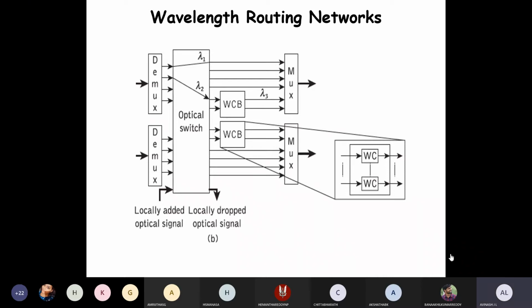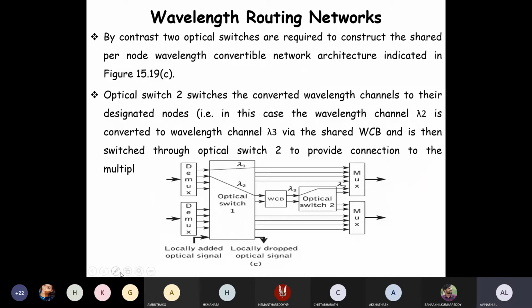Just go through the diagram, all of you. So after this, we can see the next diagram.